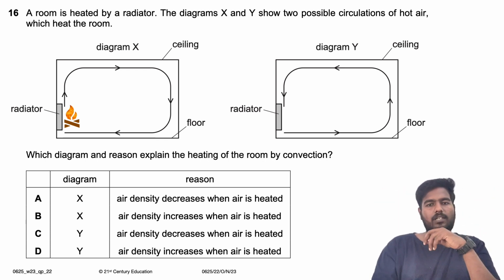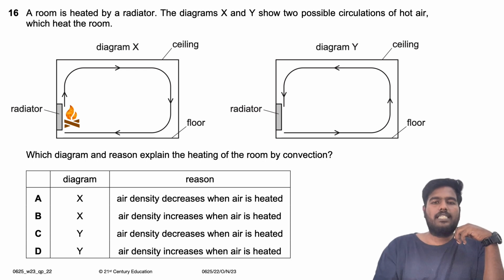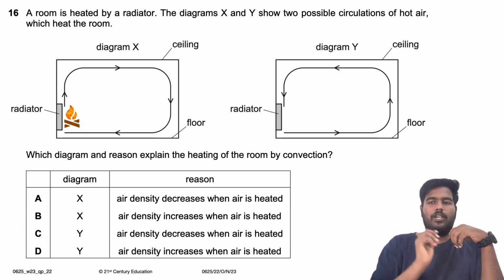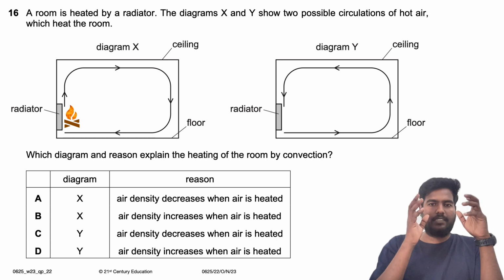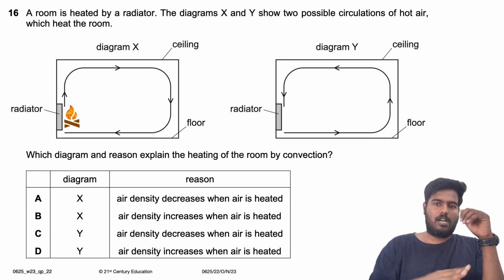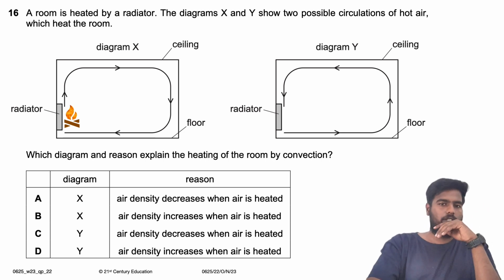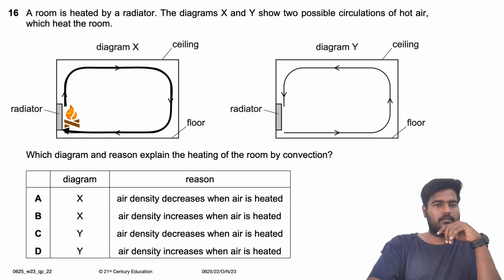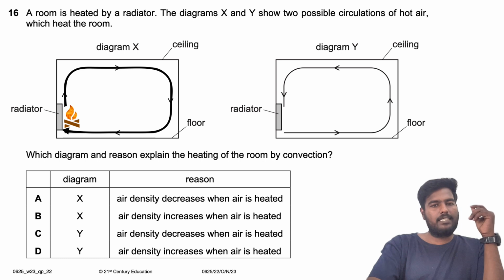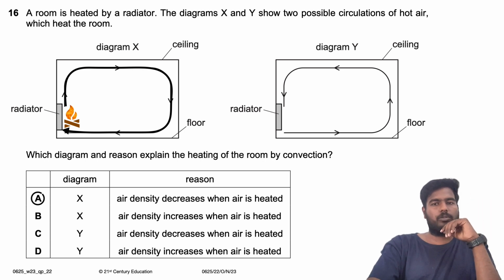So the density will decrease. If the density decreases, they will go up. To fill that place, air from the bottom will come up. So the airflow will look like this, because the air density decreases when air is heated. So diagram X, and air density decreases when air is heated. Option A is the right answer.